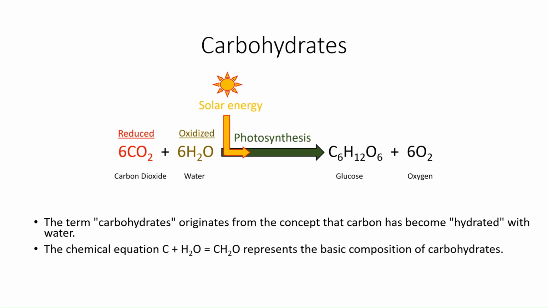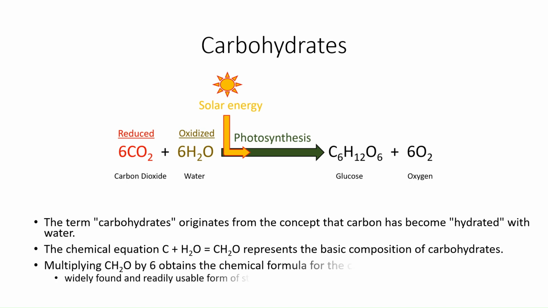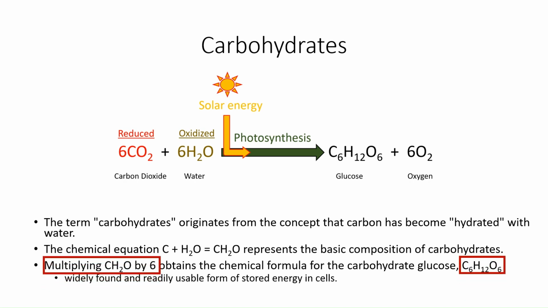If you look at the chemical equation at the top, we have 6 carbon dioxides plus 6 water makes 1 glucose and 1 oxygen. And the chemical formula for all carbohydrates is carbon plus water, and that makes CH2O. We can confirm this by multiplying CH2O by 6.